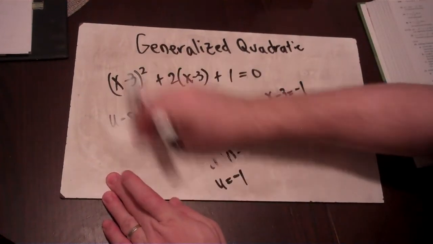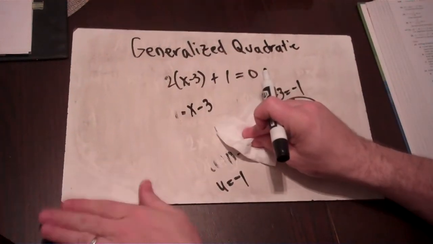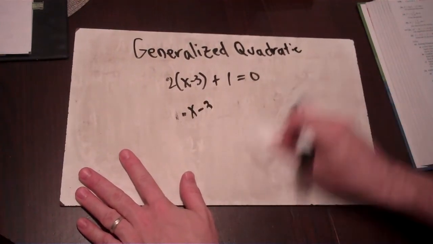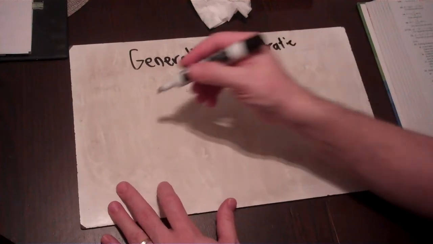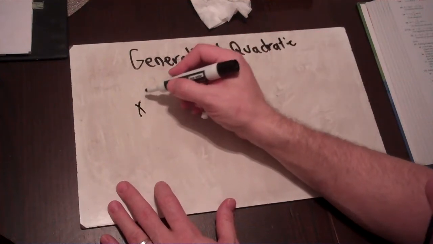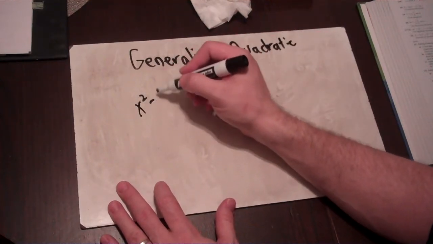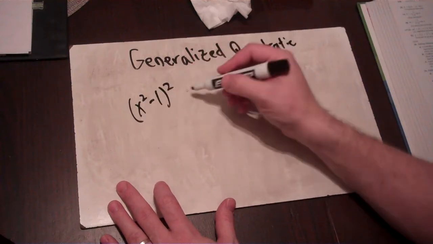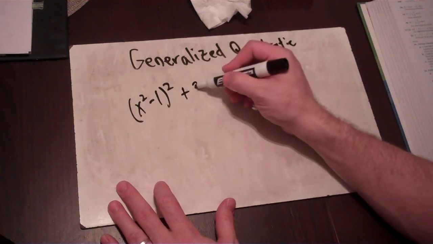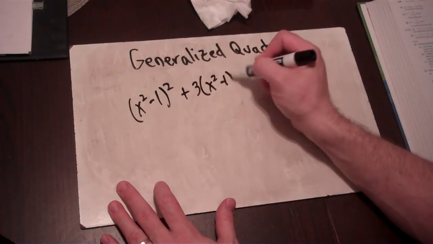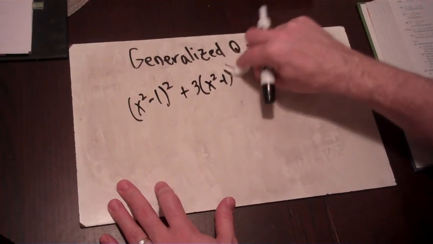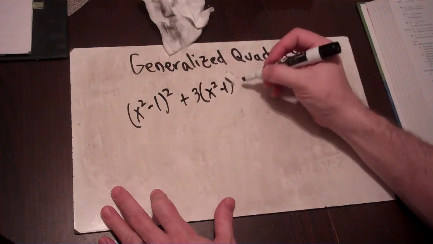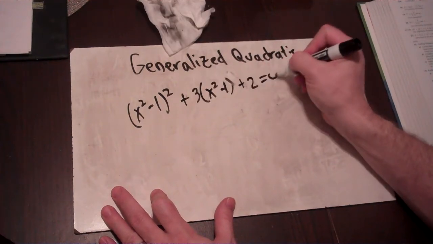And it works all sorts of times. So for instance, suppose I had (x^2 - 1)^2 + 3(x^2 - 1) + 2 = 0.